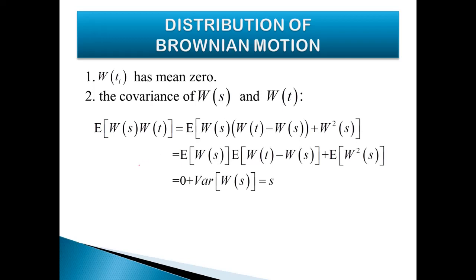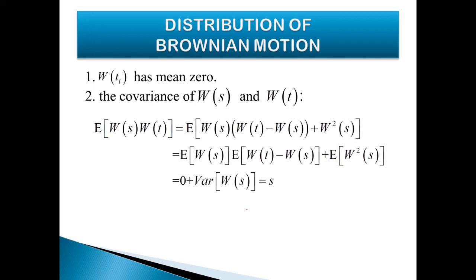Whenever you get a problem with the expectation of some Brownian motion, you always try to write this part as increments. So W(s)W(t) you write down as expectation of W(s) multiplied by W(t) minus W(s), plus W squared (s). So you can write expectation of W(s) times expectation of W(t) minus W(s), plus expectation of W squared (s). So this part becomes 0, and therefore it is only expectation of W squared (s).